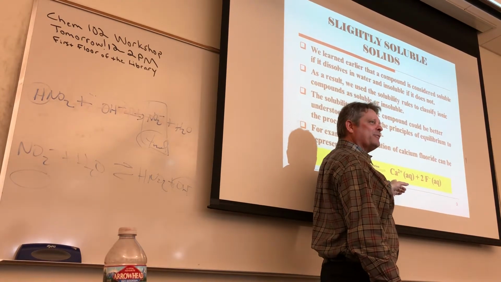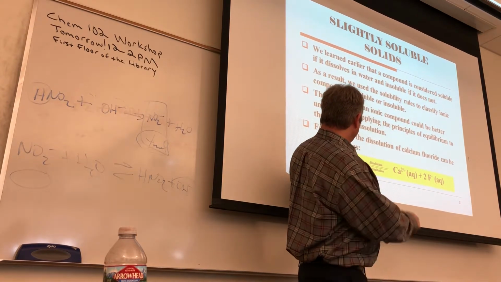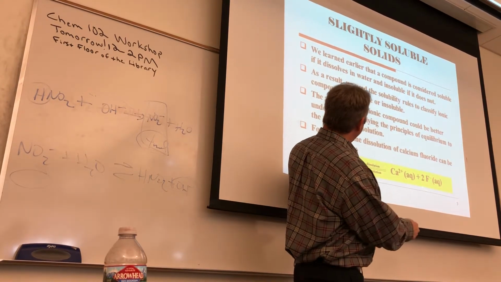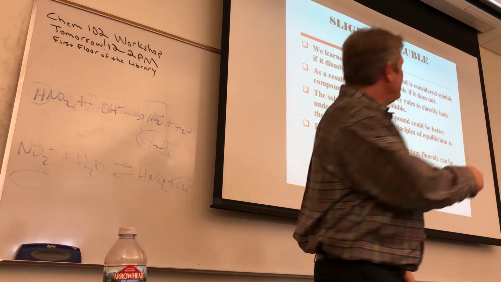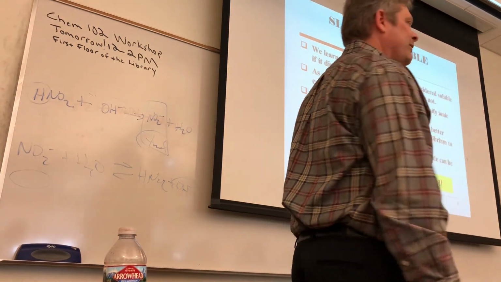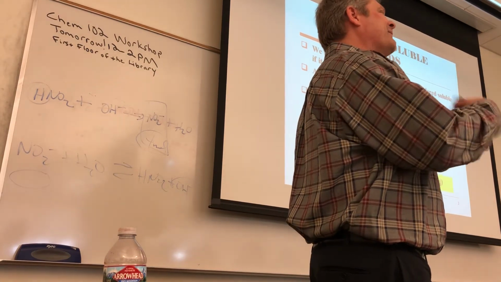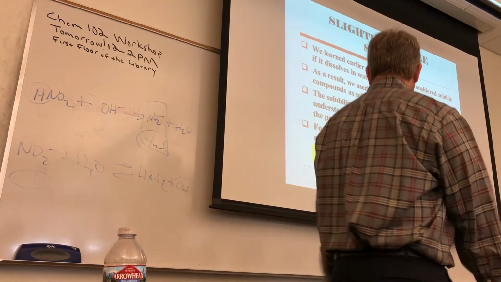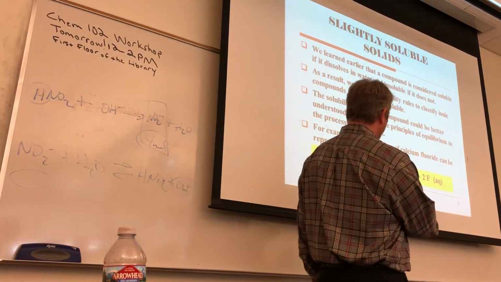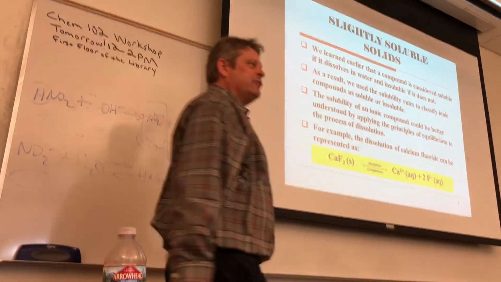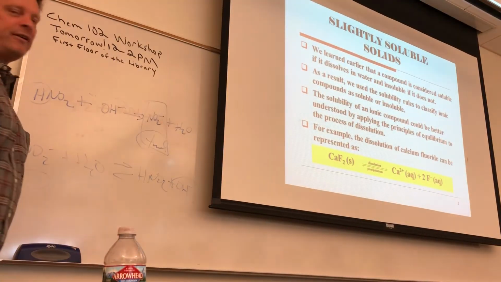I'm probably getting tired of it at this point. And I can get an equilibrium of this. This is called slightly soluble solids. So you see where we're going with this? Okay, good. But you also can see the ratios are different. They're going to be different and start to change. Keep that in mind, the stoichiometric ratios there.